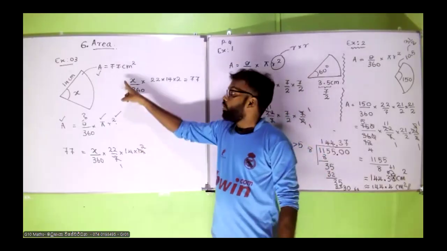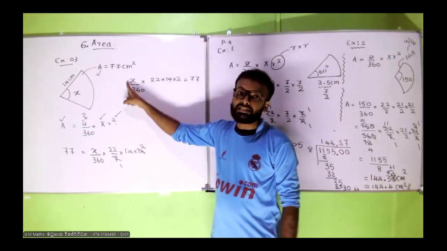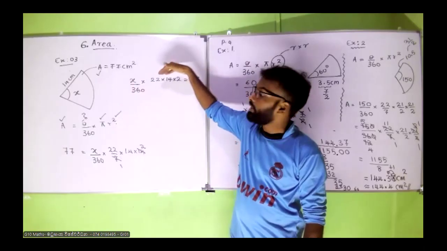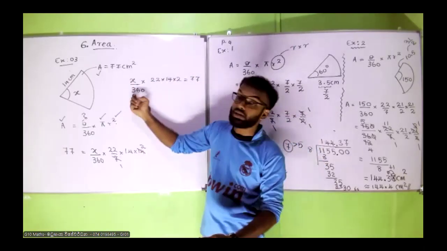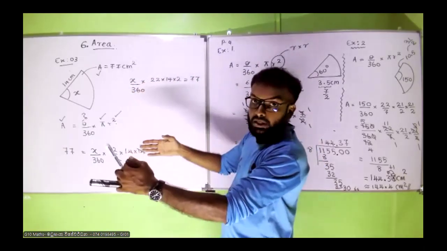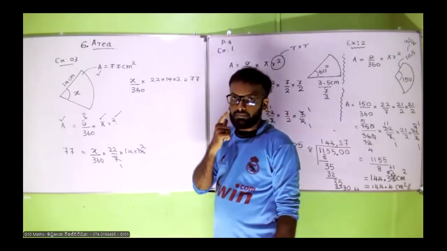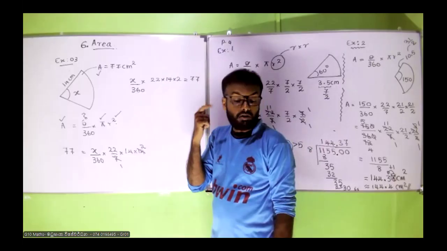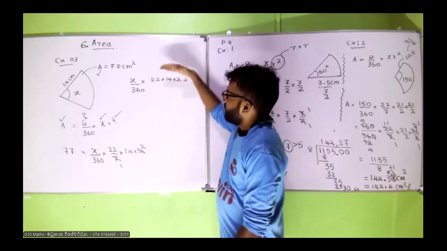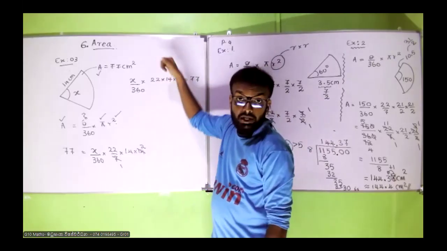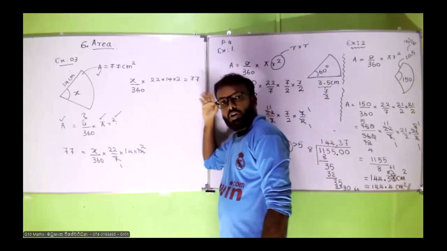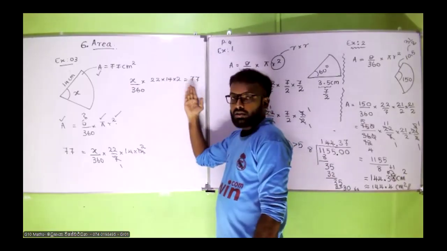What I told you, if you want to make sure that x is the subject, what happens to the numerator things on your left hand side, and what happens to the denominator things when they go to the right. Now you need to think. All the terms in the numerator go to the denominator of your right hand side of the equal mark.